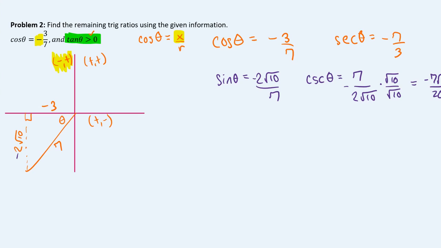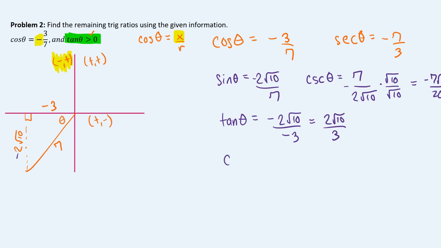So then finally we just have tangent. Tangent is opposite over adjacent. So opposite would be negative 2 square root of 10 divided by adjacent, which is negative 3. Well, a negative divided by a negative is positive, so that means that tangent is actually positive 2 square root of 10 divided by positive 3.